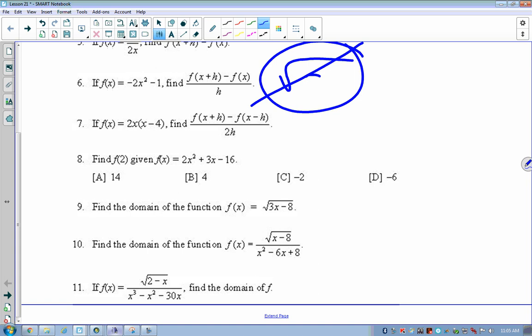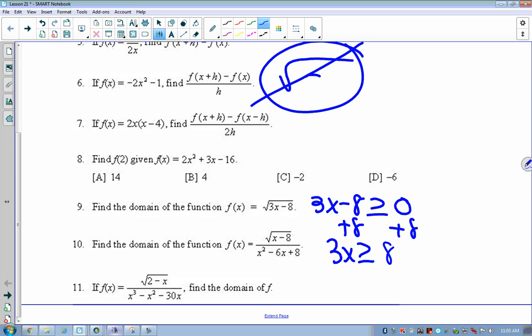I cannot have a negative square root, which means whenever I'm looking at this, 3x minus 8 has to be greater than or equal to 0. Does that make sense? Because anything less than 0 is negative. Okay, so we add 8. We get 3x is greater than or equal to 8. Divide by 3. So we get x is greater than or equal to 8/3. Okay, that is my domain.